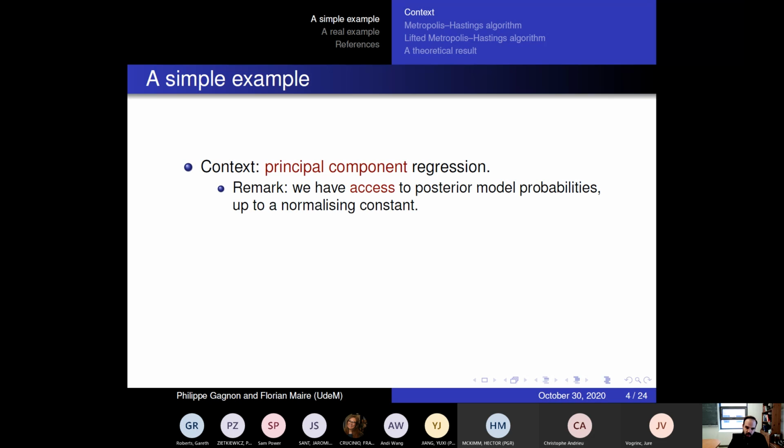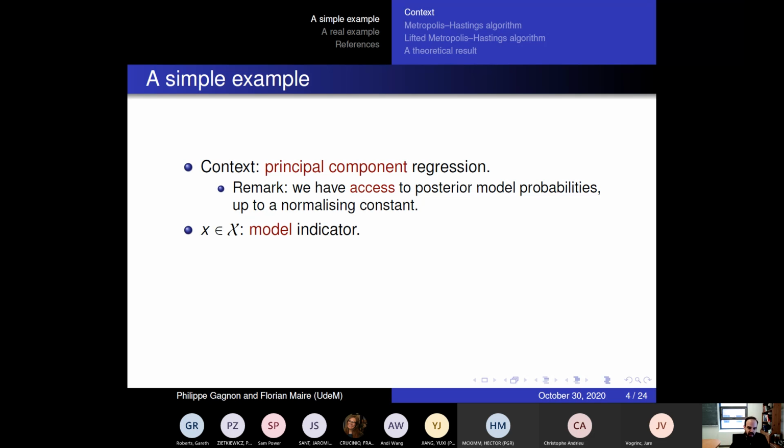So we have access to posterior model probabilities up to a normalizing constant. We are able to integrate out the parameters. This happens, for instance, when the errors of the regression are normal and you have conjugate priors. So basically, we have this PMF, and we are interested in it because it will help us decide how many components we should include in our final model.